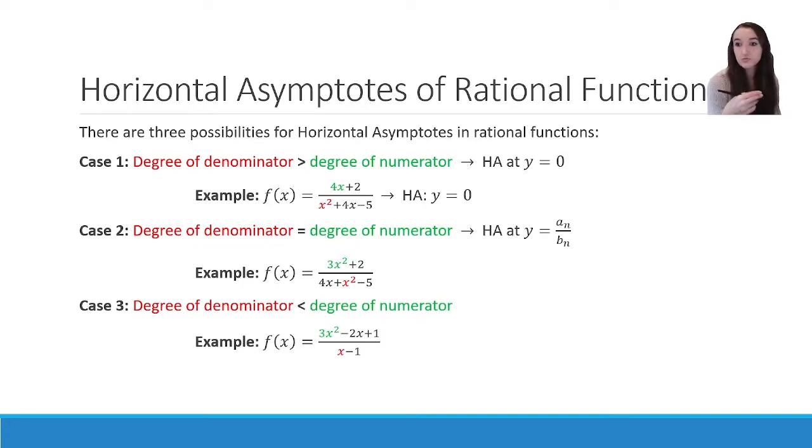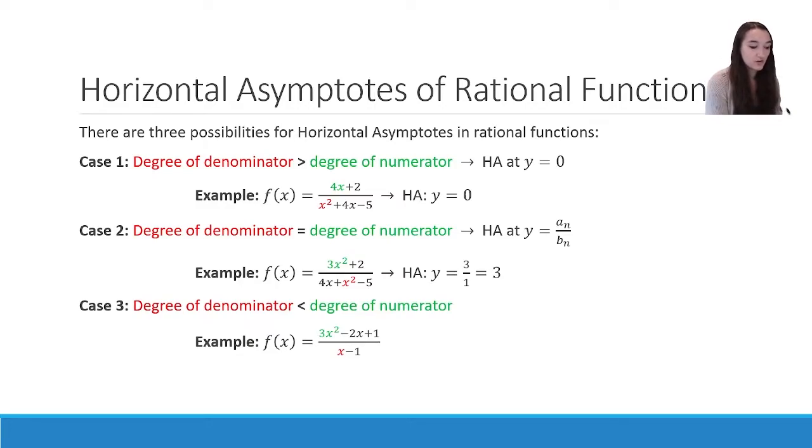Then the horizontal asymptote will occur at y equals a_n over b_n, or in other words, the ratio of the coefficients of the leading terms. So the coefficient of the leading term on the numerator is 3. The coefficient of the leading term in the denominator is technically 1, even though we can't see it. So our horizontal asymptote occurs at y equals 3 over 1, or y equals 3.